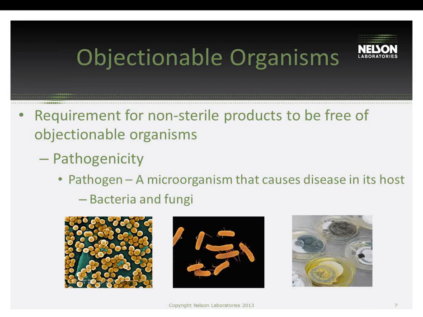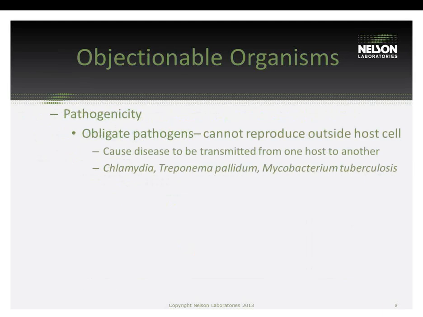definitions, a pathogen is a microorganism that causes disease in the host. So here we're going to be looking at bacteria and fungi, and covering two types of pathogens. First, obligate pathogens are pathogens that need a host to reproduce.